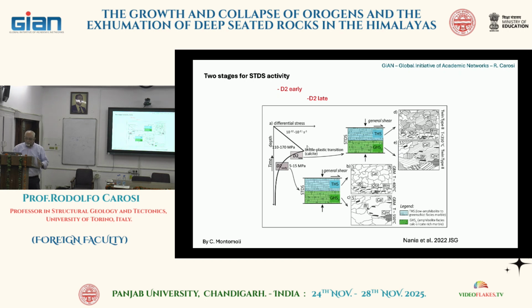So this is a possible explanation of this difference along the belt where in some places you have the ductile and the upper brittle fault, but the rocks are different. You have not calc-silicate, but you have gneiss, granites. When you have calc-silicate rock, you have a different behavior, and the South Tibetan detachment is developed only in the ductile deformation and in the more brittle deformation, but inside the same shear zone.